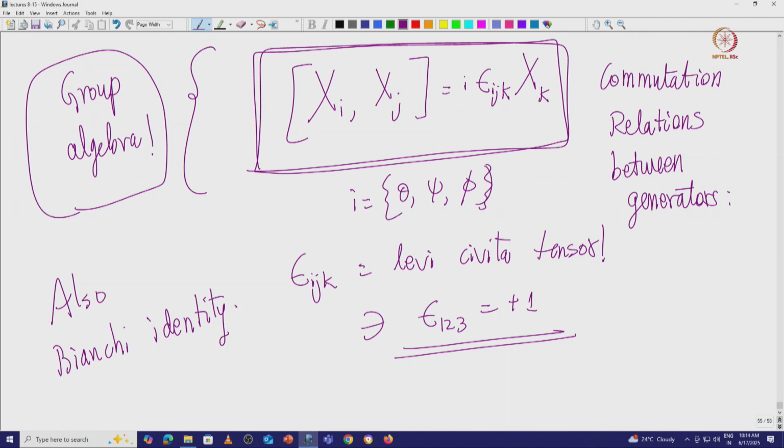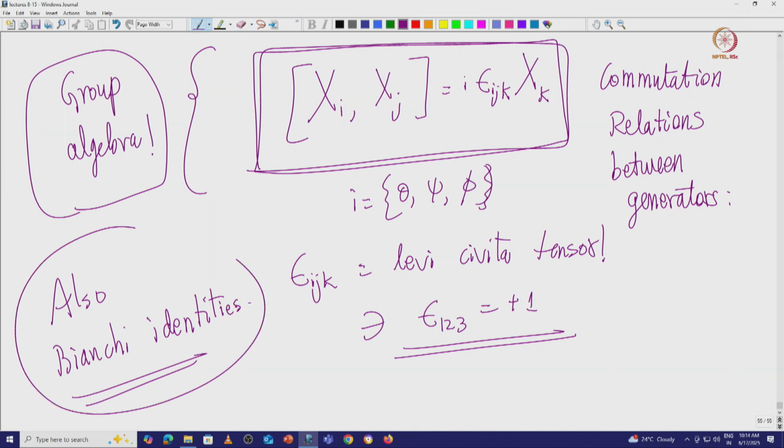We will not need it right now, so I will skip it. These commutation relations tell you everything about the group, and they set up the group algebra and so on.